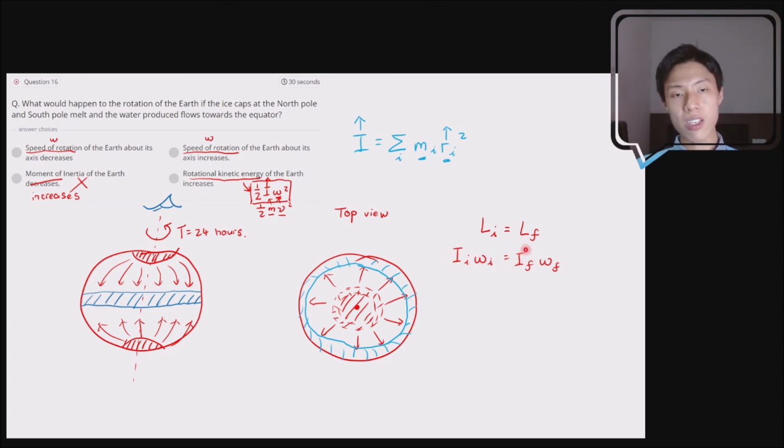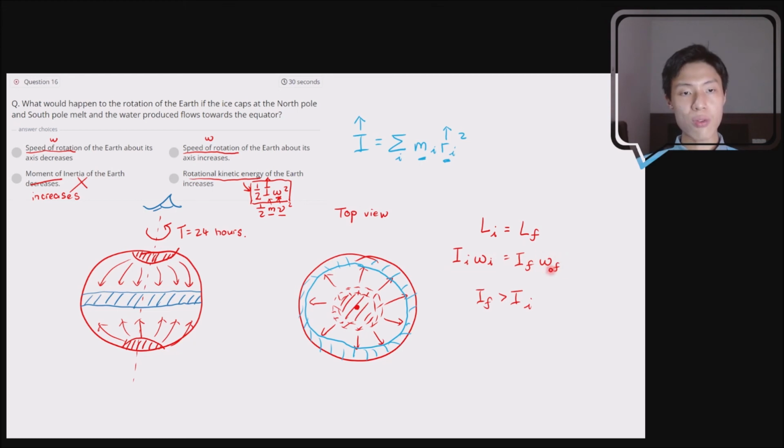But for the final situation, we know that the moment of inertia increases. Therefore, I final will be greater than I initial. So if the moment of inertia increases, but this equal sign still remains equal, that means that our omega final must decrease.